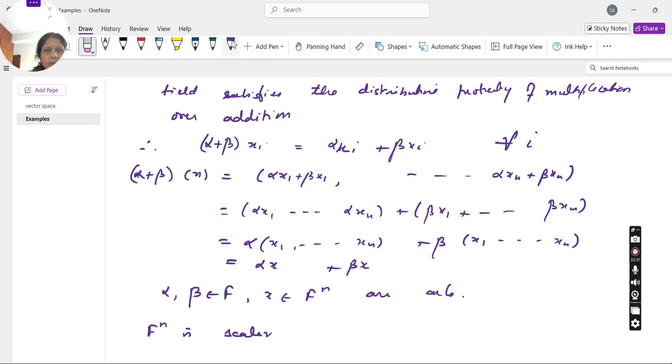It's these are the vectors, so F^n is distributed over scalar addition.